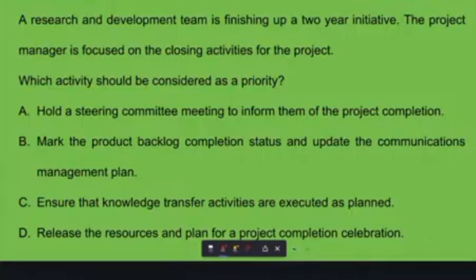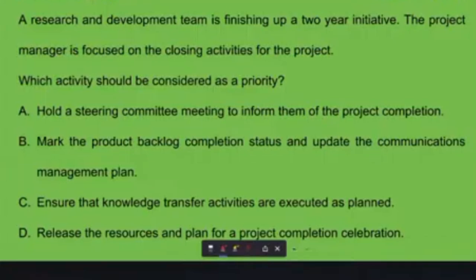So as this is an R&D team and the project is in its closure phase, using the elimination technique, holding a steering committee meeting to inform the project completion, I believe this option shall not be considered for the completion of the project.